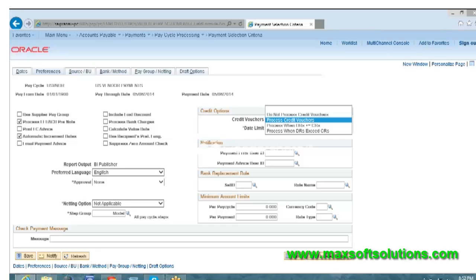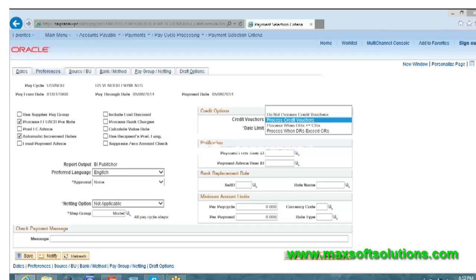Because the normal processing people run the pay cycle and don't know what kind of criteria are set up under it. They create a voucher and see that the due date was like one month back, but still the voucher is not being taken in the pay cycle. Then they will raise an issue to the support team saying, I have created one invoice for $5,000, but when I run the pay cycle, even though it is falling due, it is still not picking.